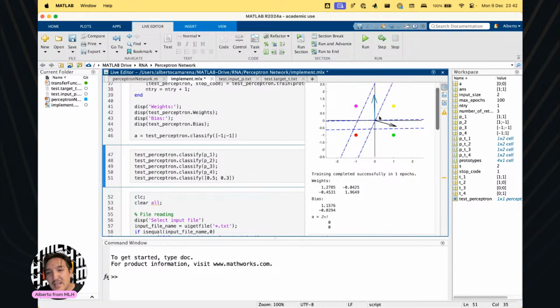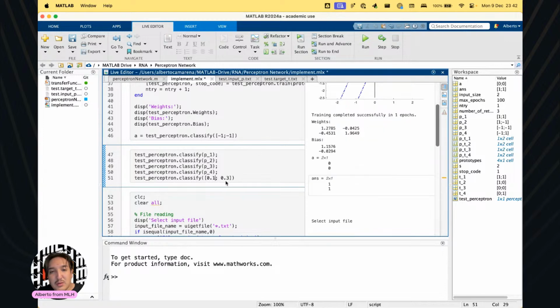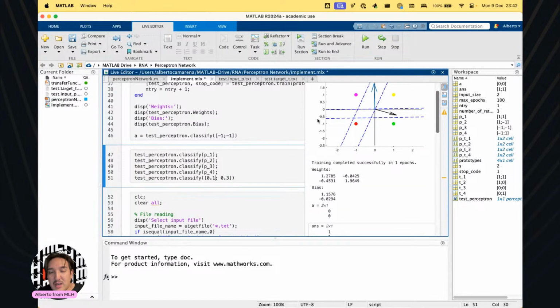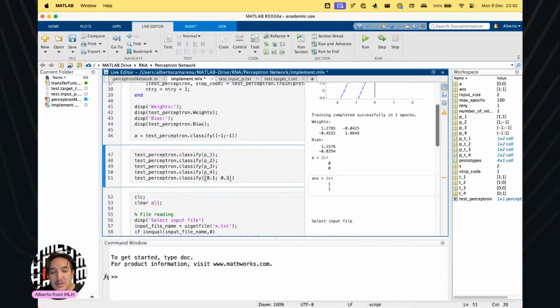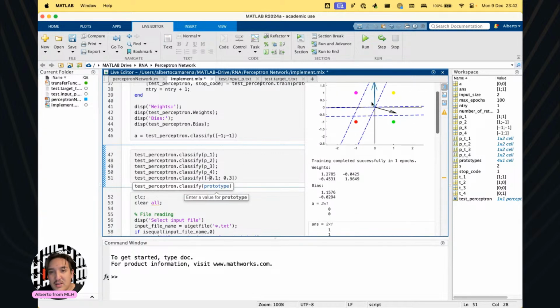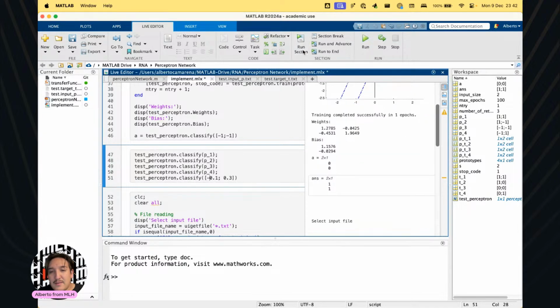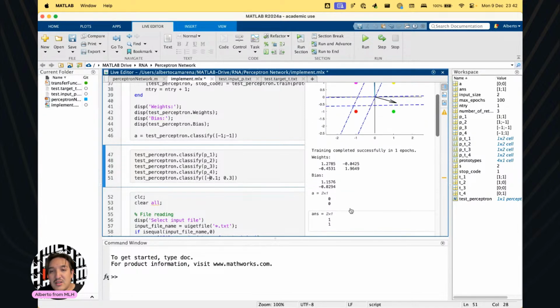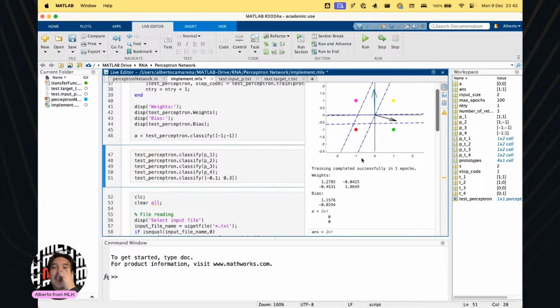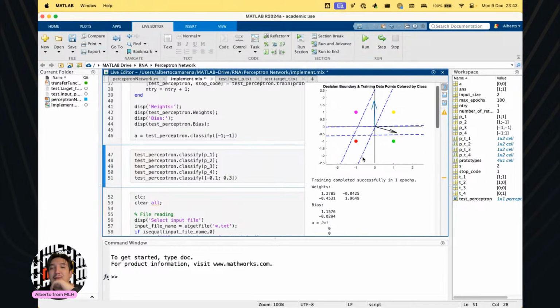Let's now test this with 0.1. Yeah, minus 0.1. This should be then 0, 1, and still 1, 1. Okay. So this line is not, but this is another line.